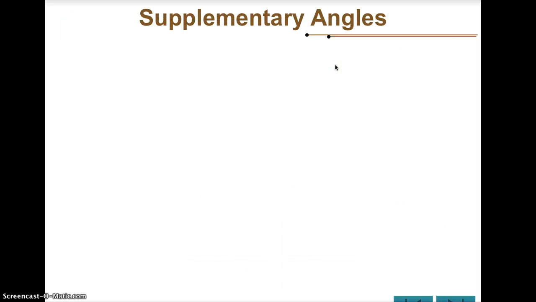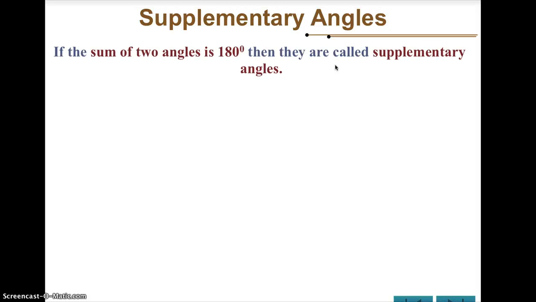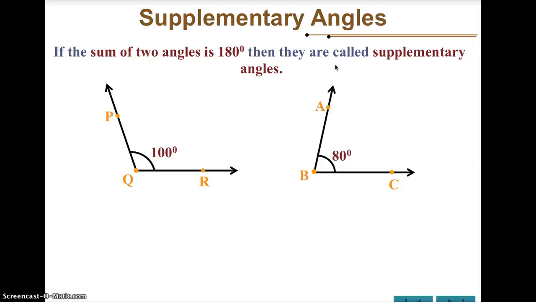Now, when is it going to be supplementary angles? Supplementary angles are formed when the sum of the two angles is 180 degrees or a straight angle. I use the vocabulary word straight angle because you know that a straight angle is equal to 180 degrees.